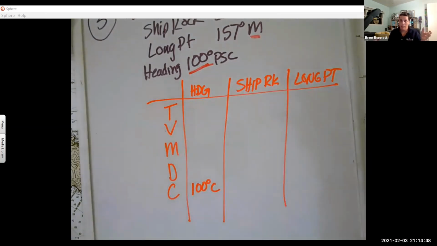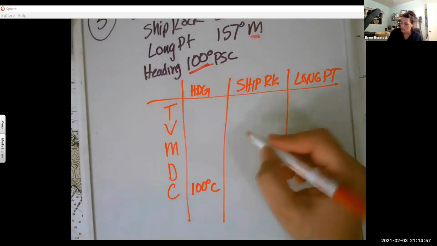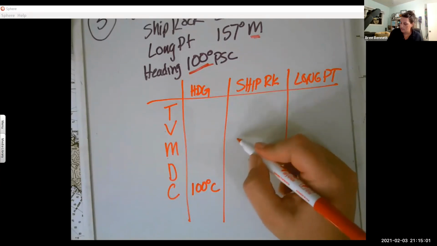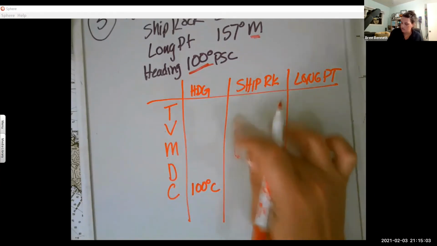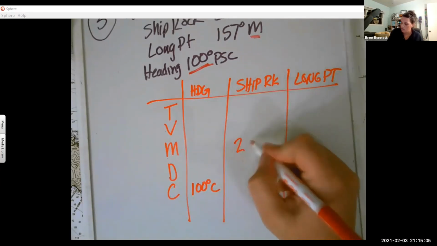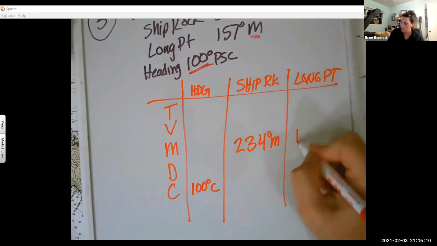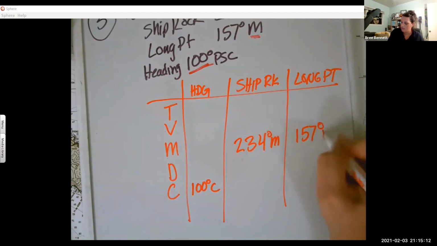So if you have like a cell phone next to it, it's not going to change it at all. I don't really think that, but anyways, let's just go with it. Ship Rock has 234 degrees magnetic, and Long Point is 157 degrees magnetic.